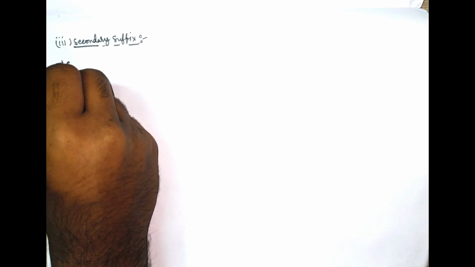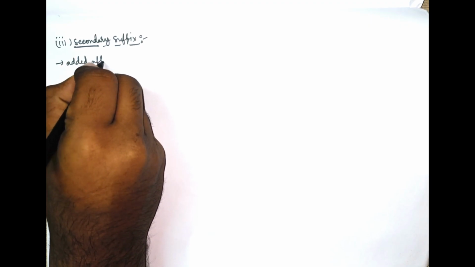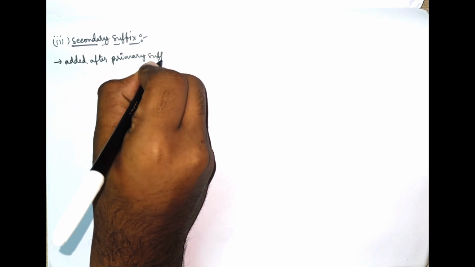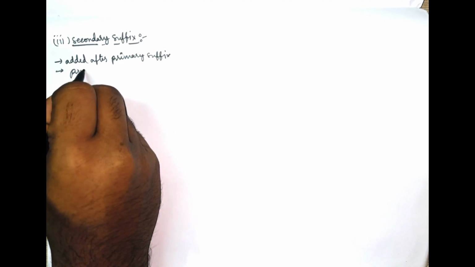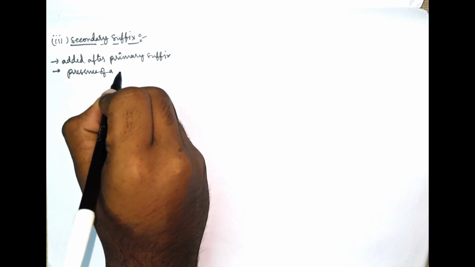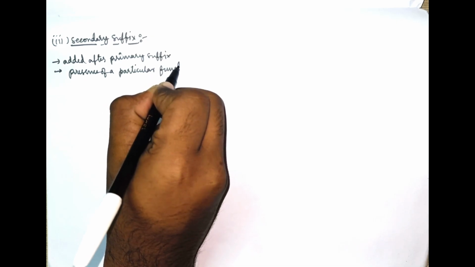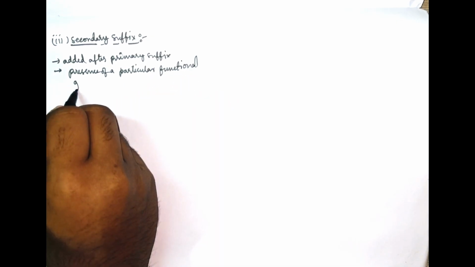The secondary suffixes are the type of suffixes which are added after the primary suffixes, and these indicate the presence of a particular functional group. So now let's look at the different types of functional groups, their secondary suffixes and the IUPAC names in a tabular form.